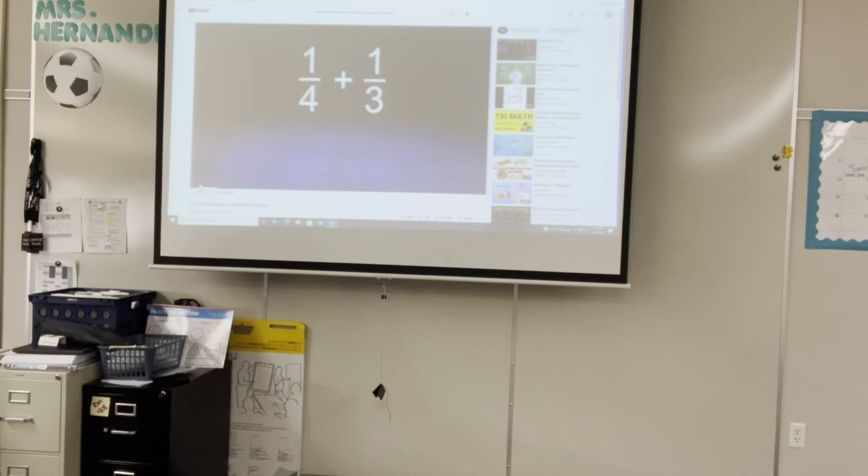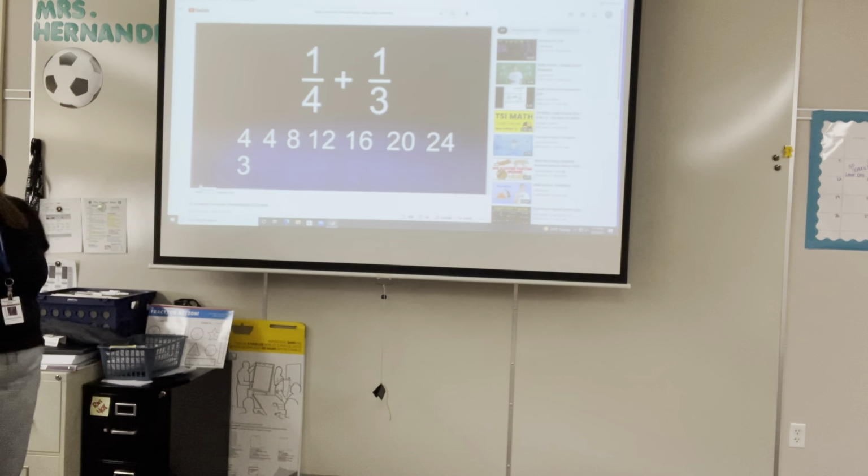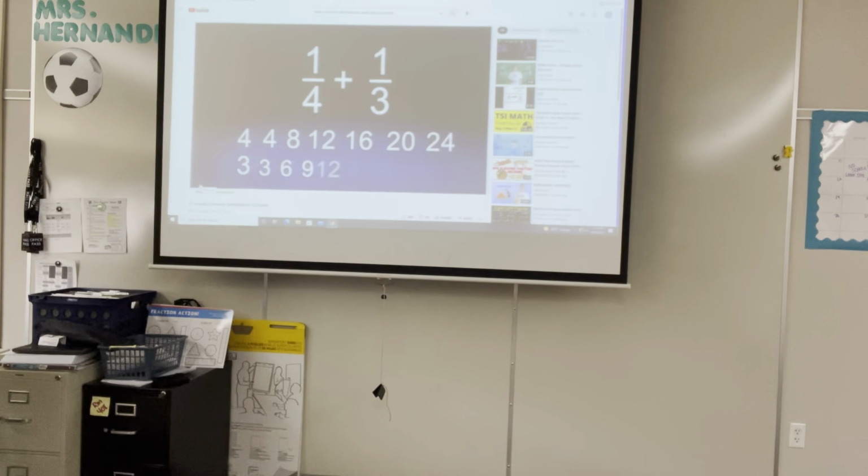To find a common denominator, we have to find the multiples of 4 and 3. Multiples are the numbers we get when we skip count. The multiples of 4 are 4, 8, 12, 16, 20, 24, etc. The multiples of 3 are 3, 6, 9, 12, 15, 18, 21, 24.